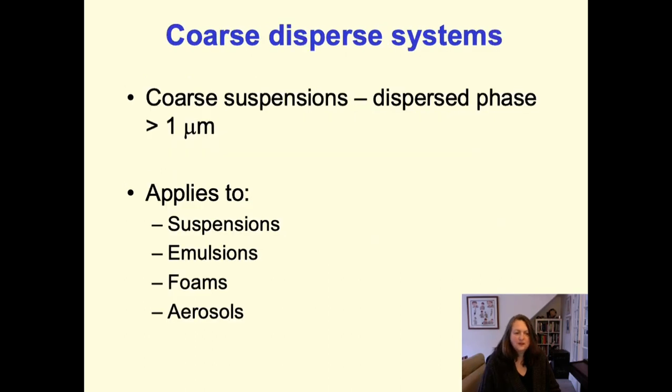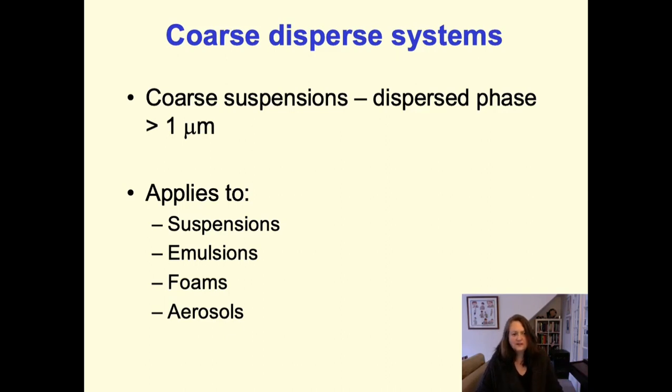Now, most pharmaceutical suspensions are coarse suspensions. And so these are suspensions where the dispersed phase is greater than that of colloidal suspension, so greater than 1,000 nanometers, so 1 micron. Now, a coarse suspension will follow the rules that we've talked about for DLVO theory in terms of the attractive and the repulsive interactions between forces.